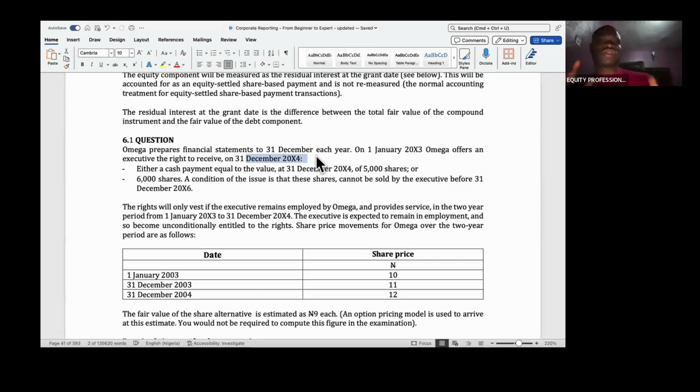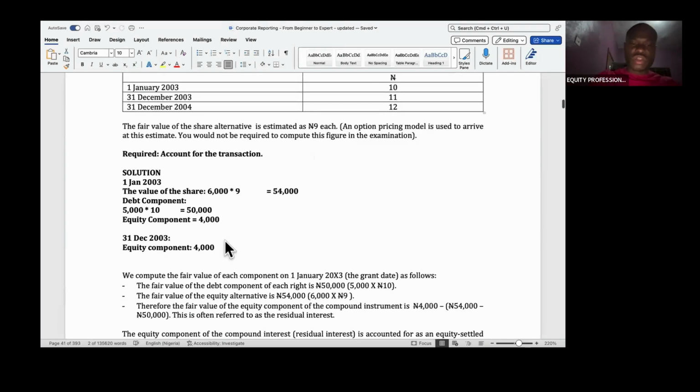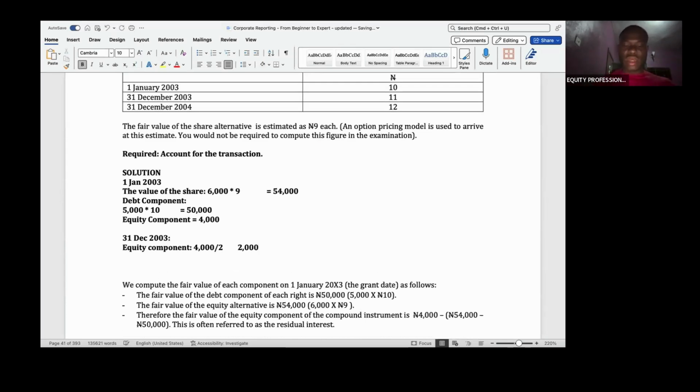That means the vesting period is 2 years, 2003 and 2004. So we're going to recognize it over 2 years: 2,000 in year one to staff cost, 2,000 in year two to staff cost. But this is year one, 2003. The one that is equity settled, we'll recognize 2,000 in each year.